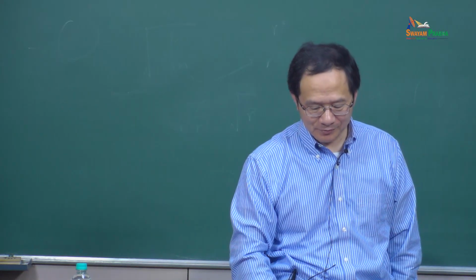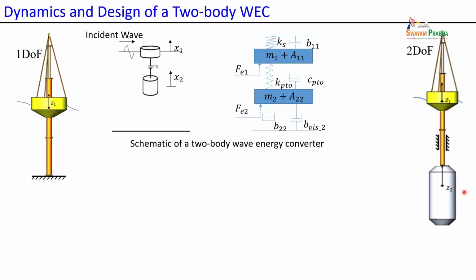Now you can model the system that way. You have a physical mass, and a second physical mass. The first one has radiation damping, and the second one has radiation damping.